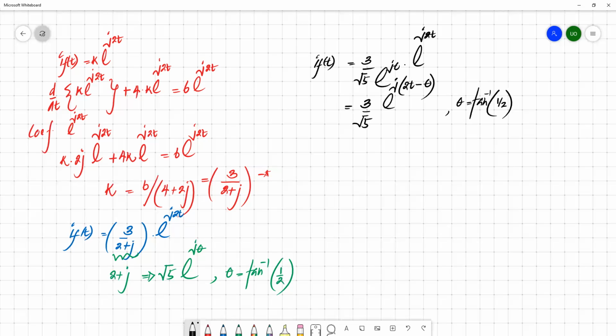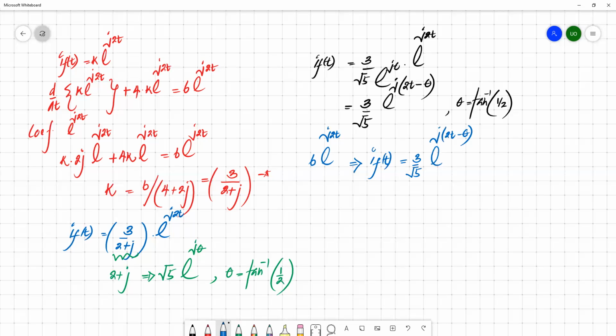So from this we can claim that if the source is 6 e to the power j2t, we get the forced response as 3 divided by root 5 e to the power j(2t minus theta).